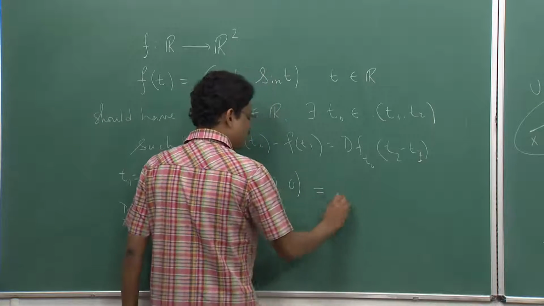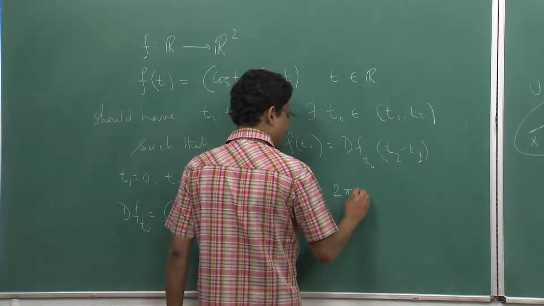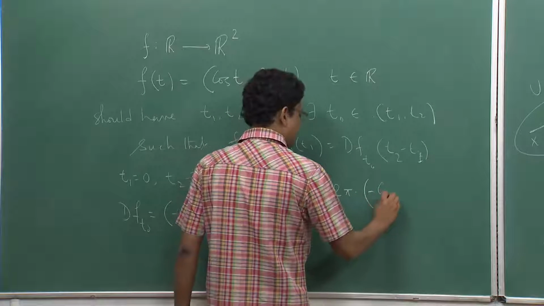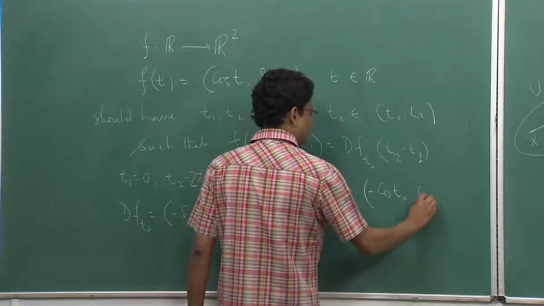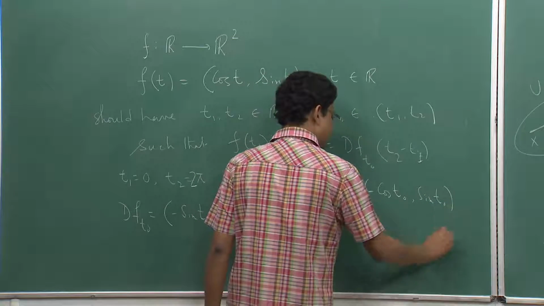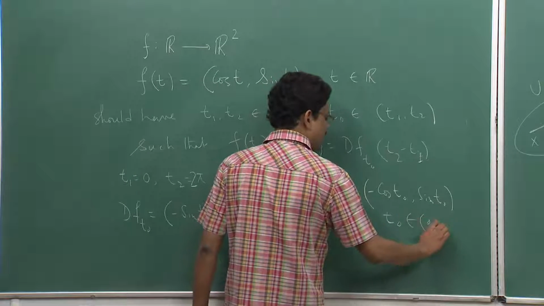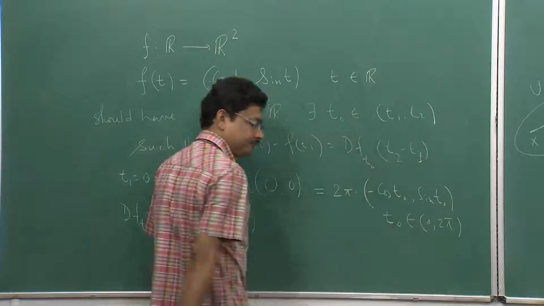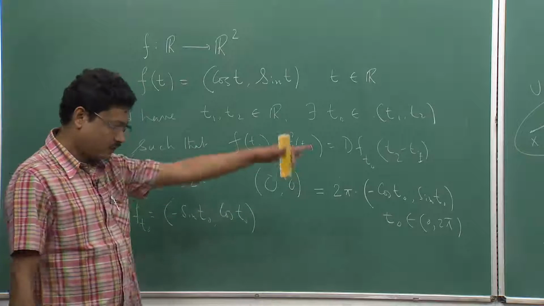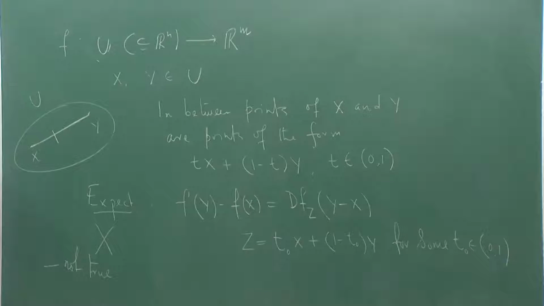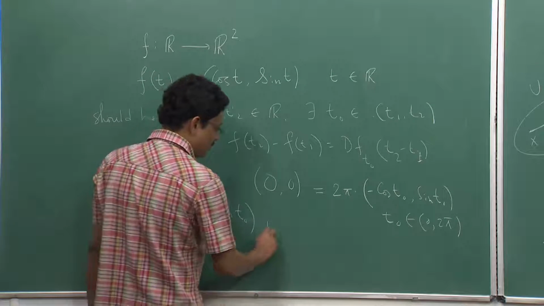So, this will be equal to 2 pi into the vector minus sin T naught, cos T naught, where T naught is some number between 0 and 2 pi. Now, then there is an immediate problem. What? Let us take norm on both sides.